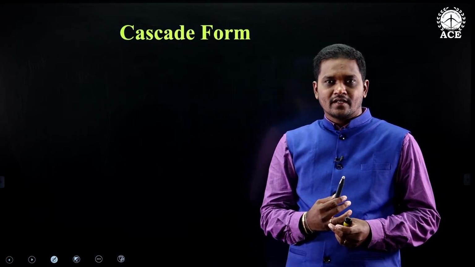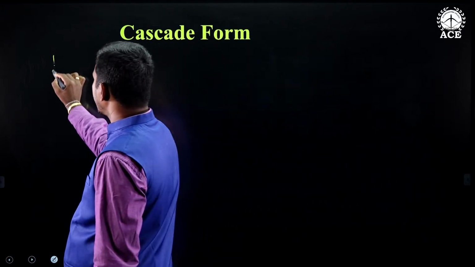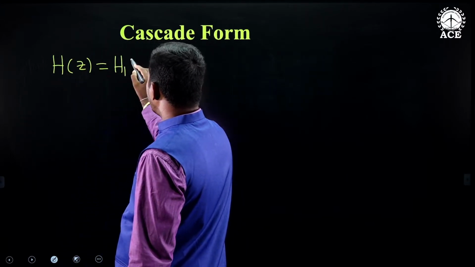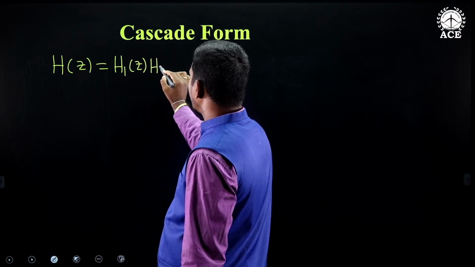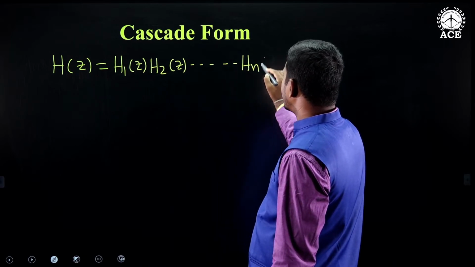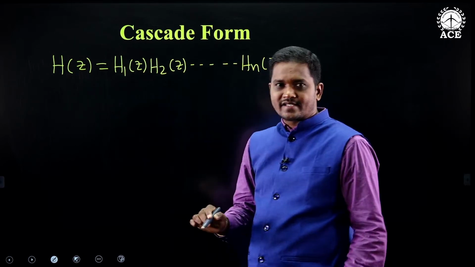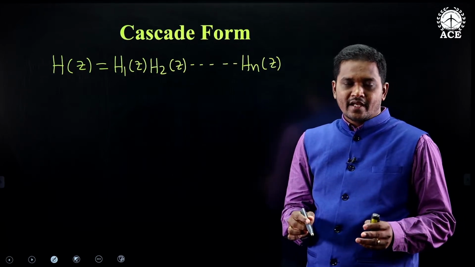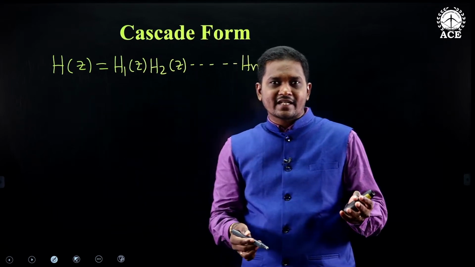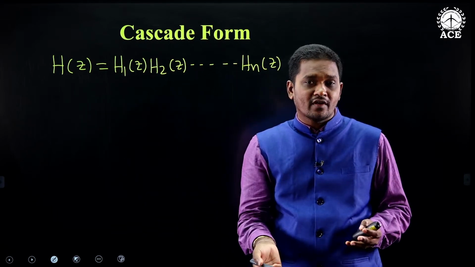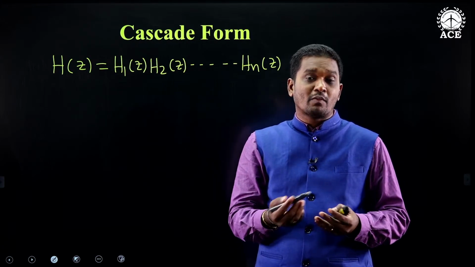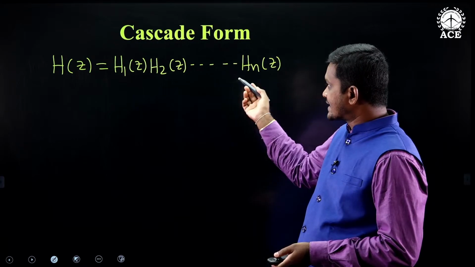It is nothing but the transfer function H(z) divided as H1(z) into H2(z) into up to Hn(z). Why are they multiplied? Because if we cascade n systems, the resultant impulse response becomes the convolution of the individual impulse responses. If I apply the Z transform, that convolution converts to multiplication. So this is cascading.